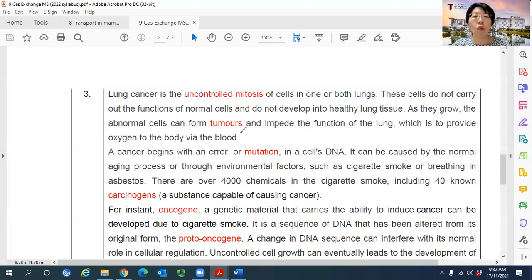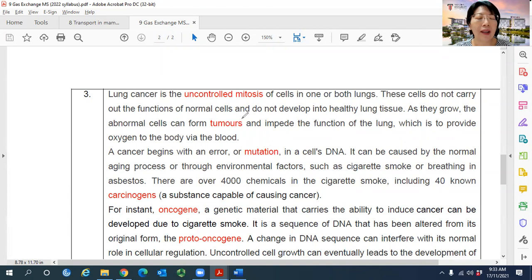That means when the tumor cell starts to grow in the lung, because it continues to grow bigger and bigger, it may suppress and damage the cells in the surrounding. That causes the lungs to not be able to function properly, because there could be a smaller number of alveolar cells.